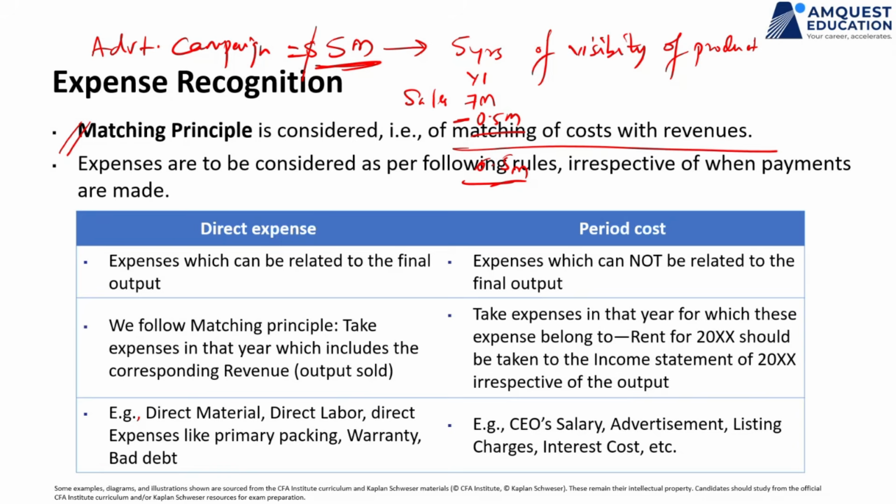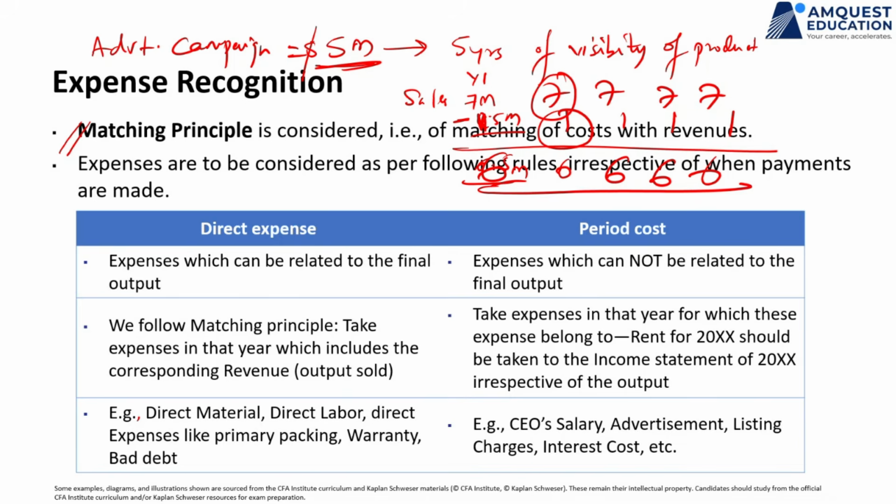You are going to say $1 million, $1 million, $1 million, $1 million, $1 million. Profit of 6 million, 6 million, 6 million, 6 million, 6 million. Every year I was getting $7 million of revenue and I was matching the revenue with cost. So this is how your accounting will do. You are going to try and match the revenue with the cost, because the revenue was coming because of the cost you incurred.